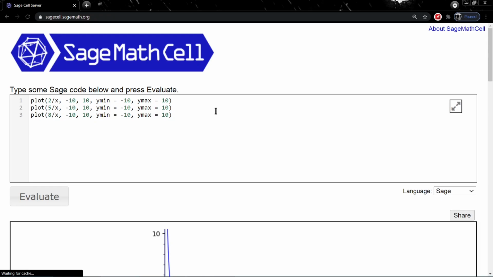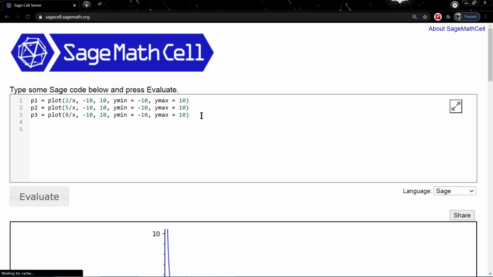However, to plot all 3 functions in a single graph, we will assign them to variables p1, p2 and p3. Here you have to note that the equal symbol is an assignment operator, that is, this graph is being assigned to p1 variable and it is not an equality operator as suggested in mathematics.